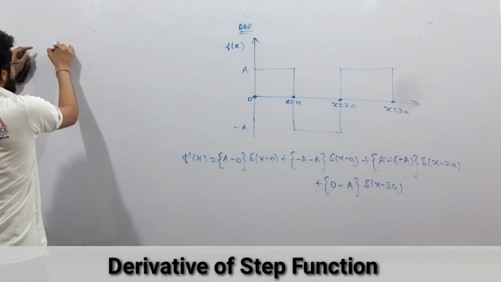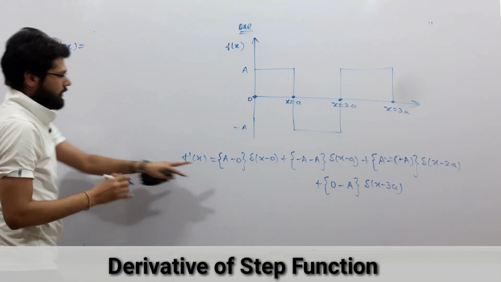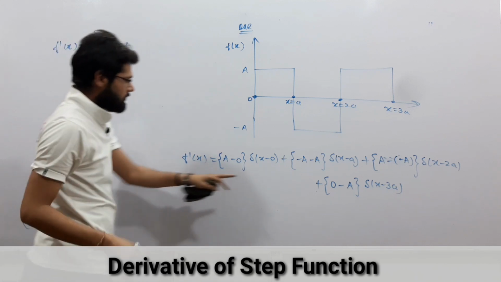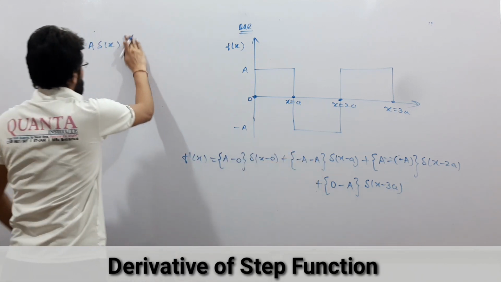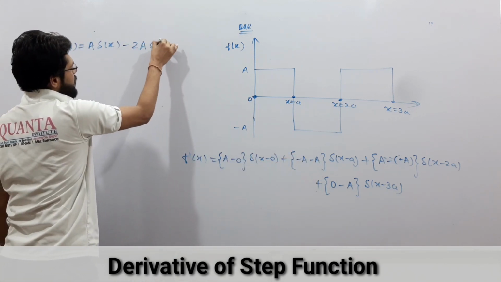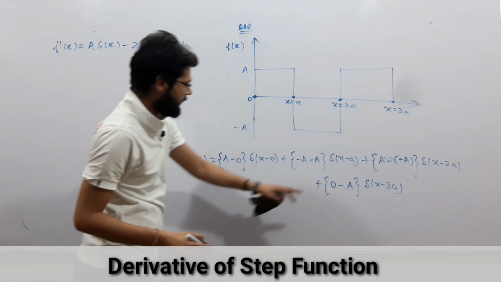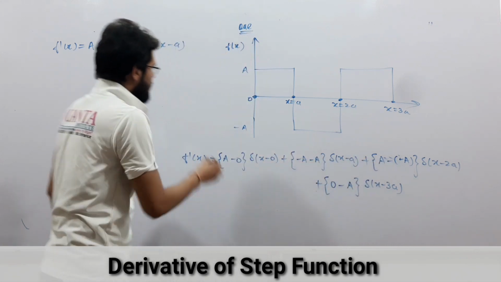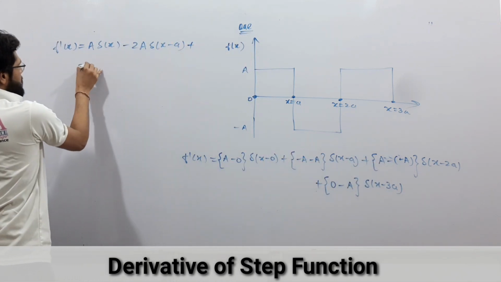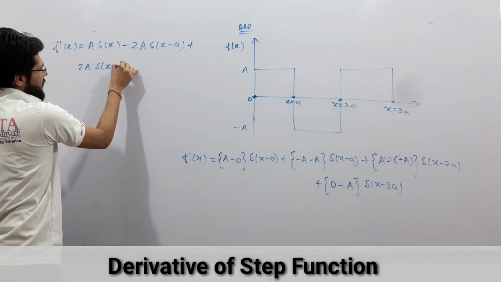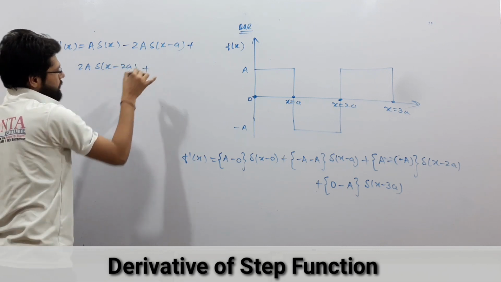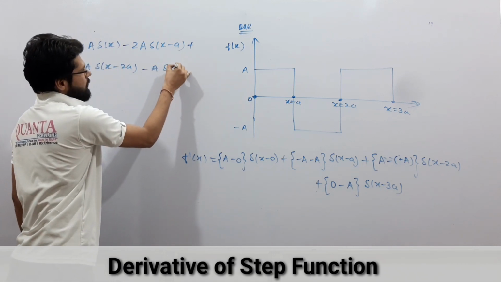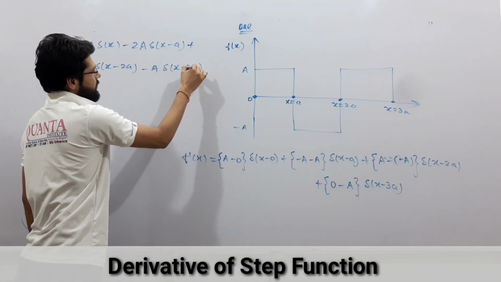So f prime x will be a delta x, plus minus 2a delta of x minus a, and here it will be plus 2a delta of x minus 2a, and plus minus of a delta of x minus 3a.